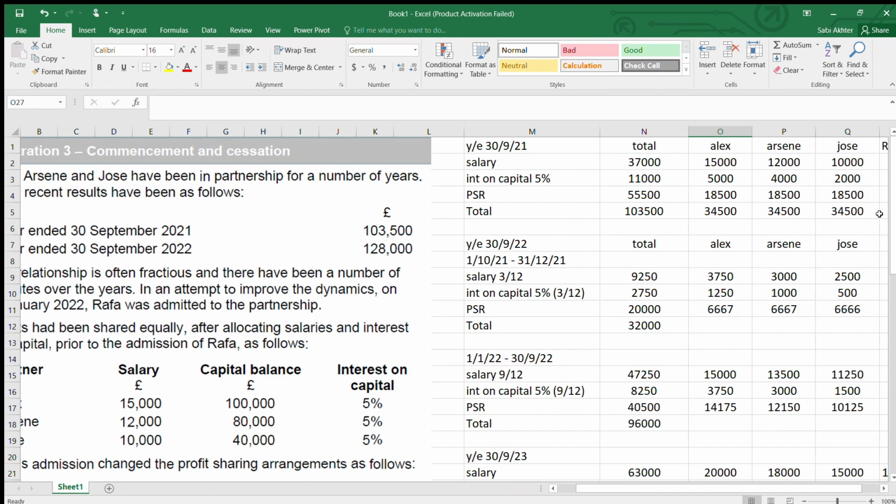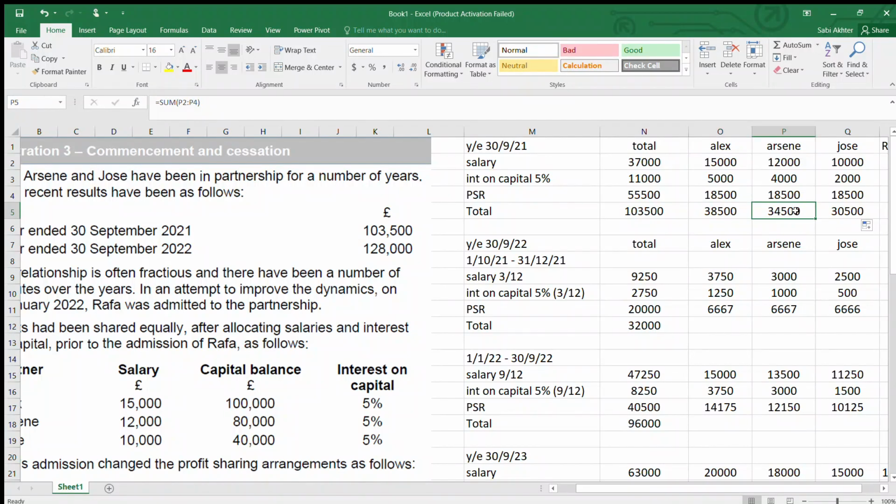Okay. It is this. Okay, this has been wrong. There has been a mistake here actually. It is the sum function. So it is 38,500. This would be the profit.